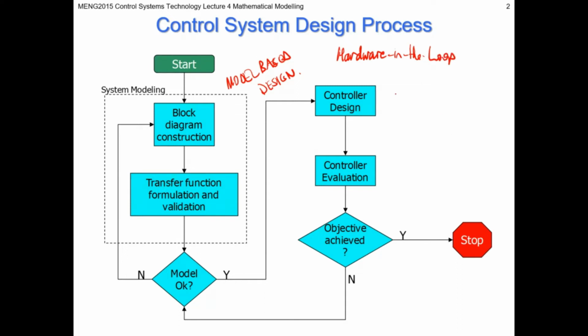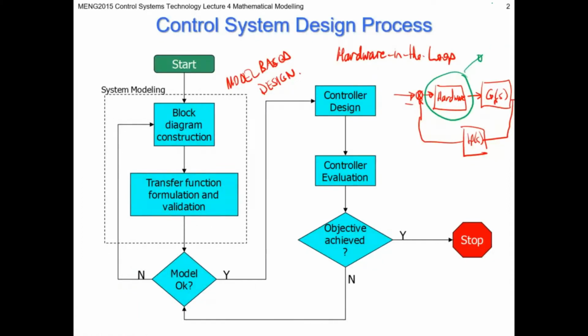And then what you do is, if we have our block diagram here, you've got your controller, but this controller could actually be hardware. And then you've got your plant model as software, and your feedback loop as software.